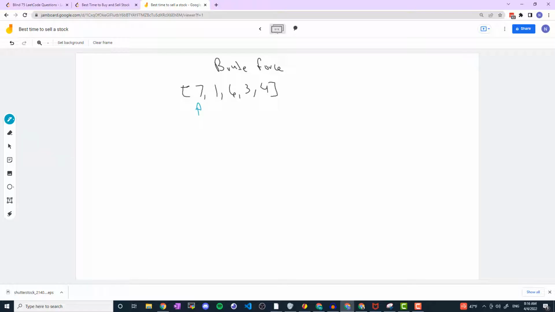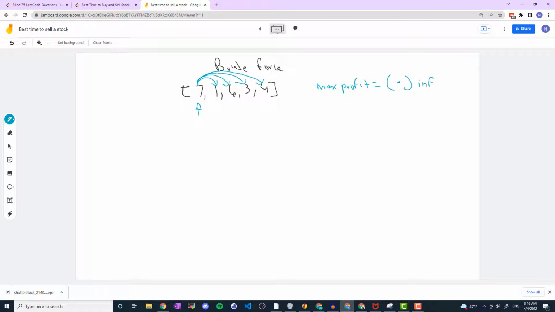Our pointer is the present day. So I need to analyze buying and selling that same item for every available day I'm able to trade. And then I have to store in a variable the maximum profit I can get. So in this case, I have max profit. Let's say that this profit starts at negative infinity.